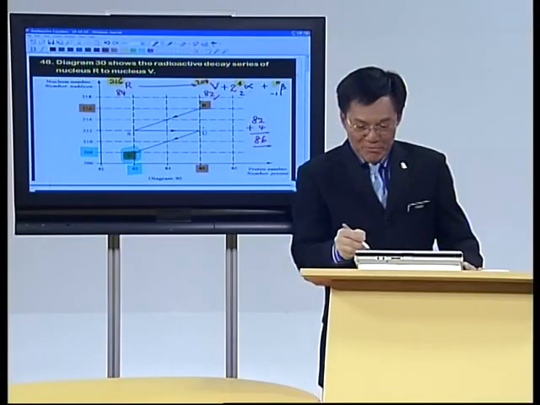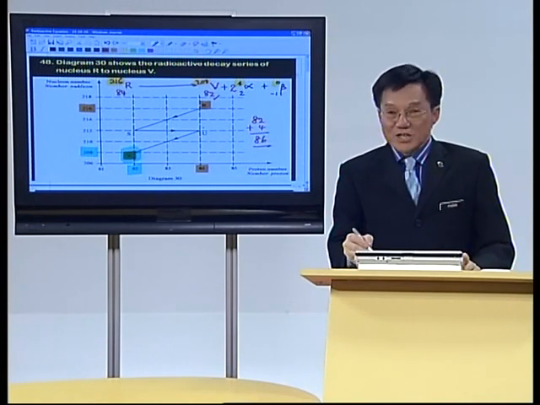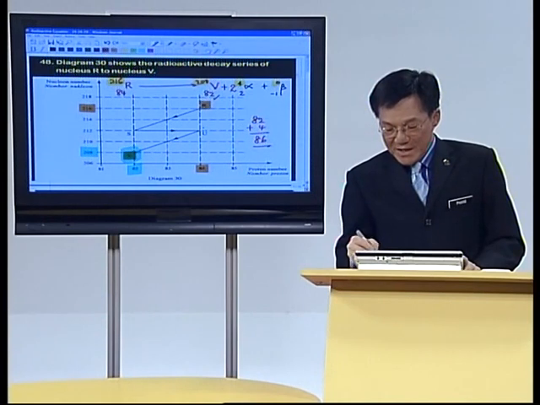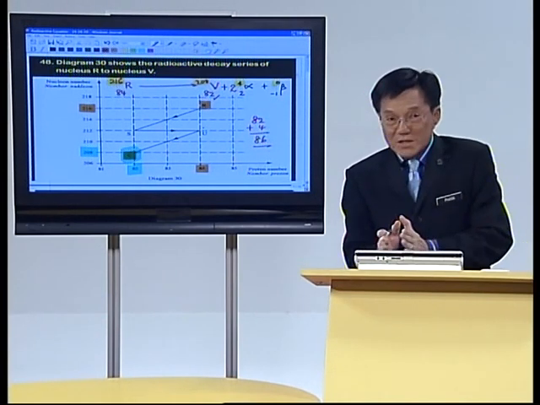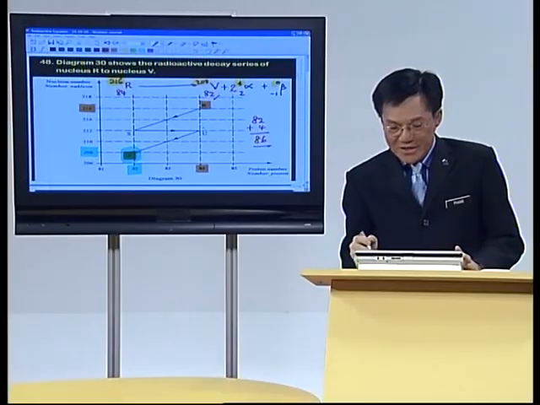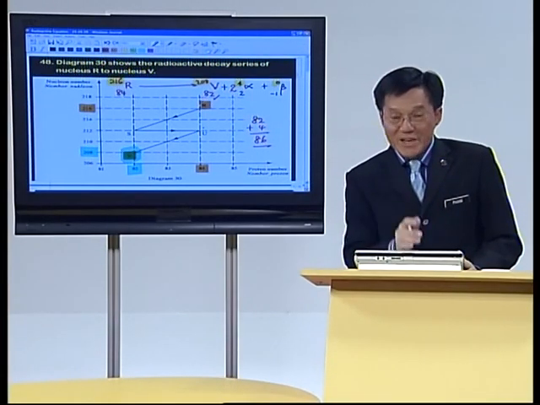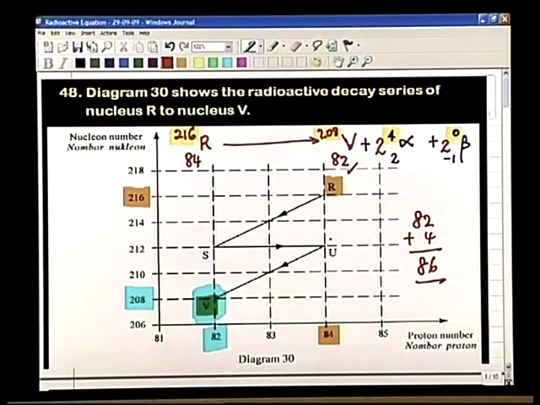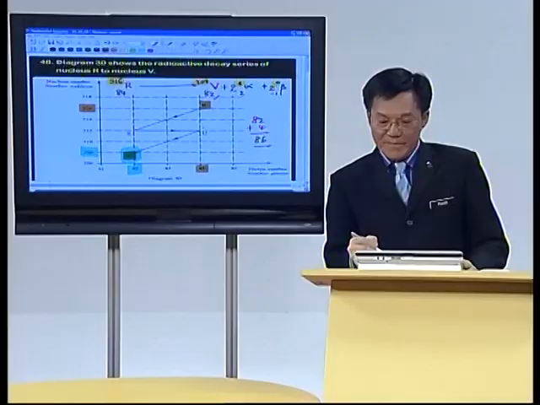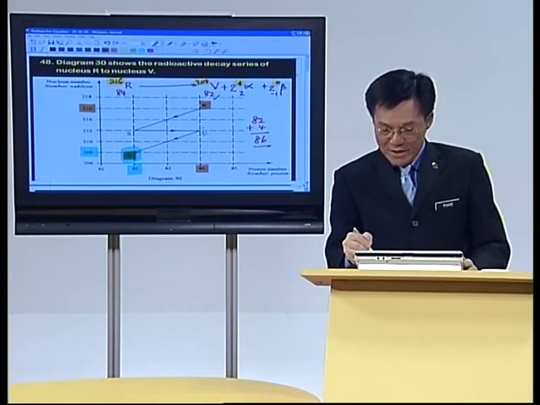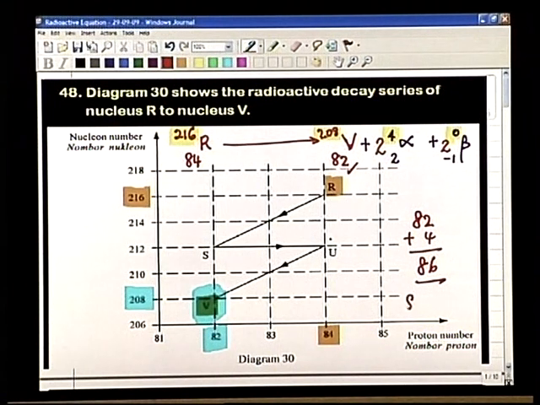Don't worry, we have beta to rescue us. Alright, so how many beta particles must I have so that the total proton number on the right-hand side will give me 84? So again, you would know that it is 2 beta particles. So when I have 2 beta particles, 2 multiplied by -1, I have to have 86 minus 2.